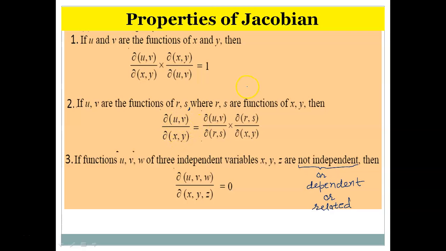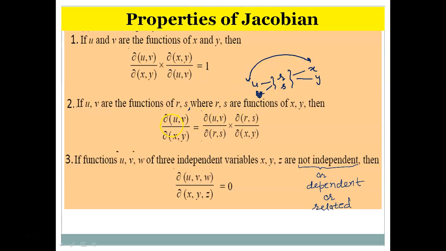Because u and v both are functions of r and s, and then r and s are further functions of x and y, and we want to find the Jacobian of the direct transformation from u, v variables to x, y.